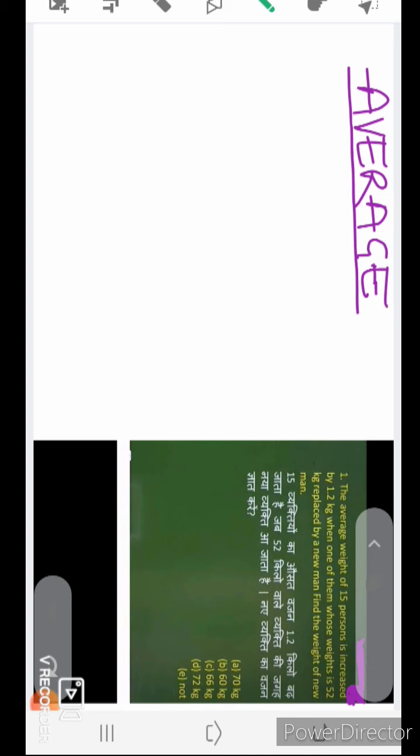These questions are highly asked in all the bank exams, railways, FCI, AGM, general administration. You are going to get 2 to 3 marks from this question. Definitely you are going to get the question. So let's solve this question.